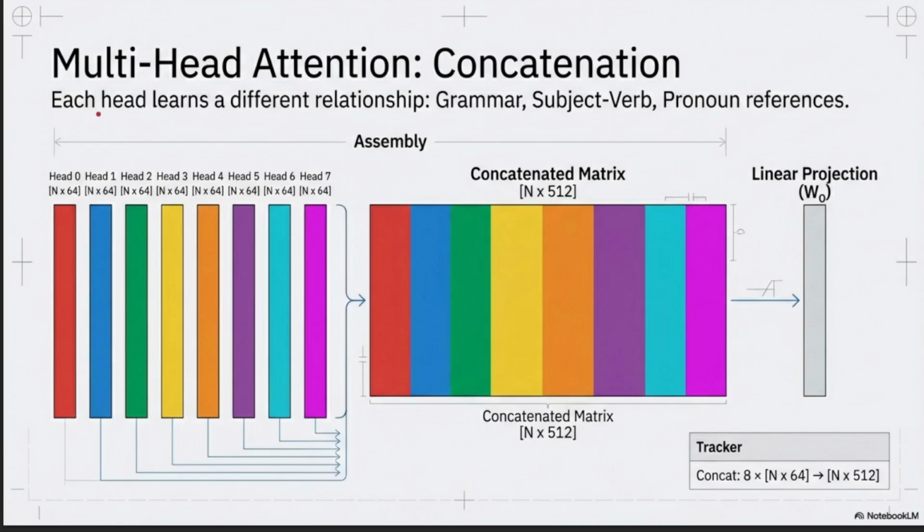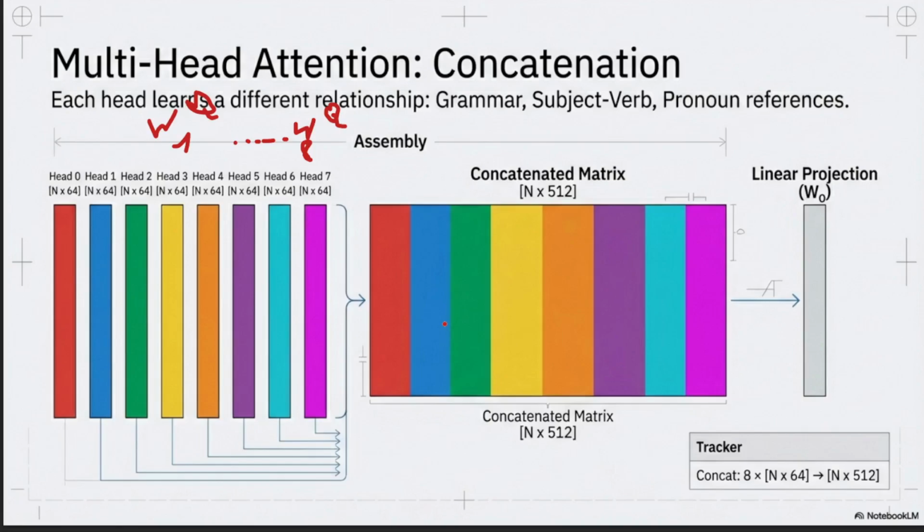So we have W_Q for the queries 1, 2, 3, 4, 5, 6 until we go to 8. This gives us 8 different Z matrices. Each one has the size of 2 multiplied by 64. We concatenate them side by side.